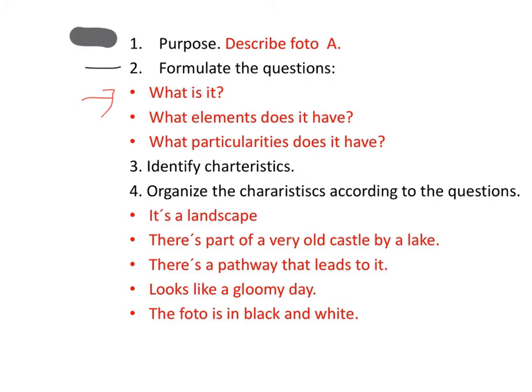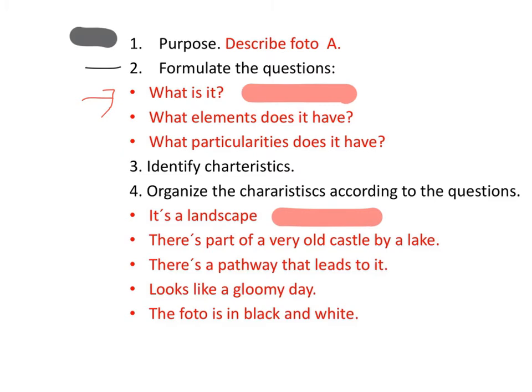Now we identify the characteristics, remember the picture, and now we're going to organize those characteristics according to the questions. So, if you answer the very first question, which is what is it? Well, it is a landscape. So we are answering those questions.